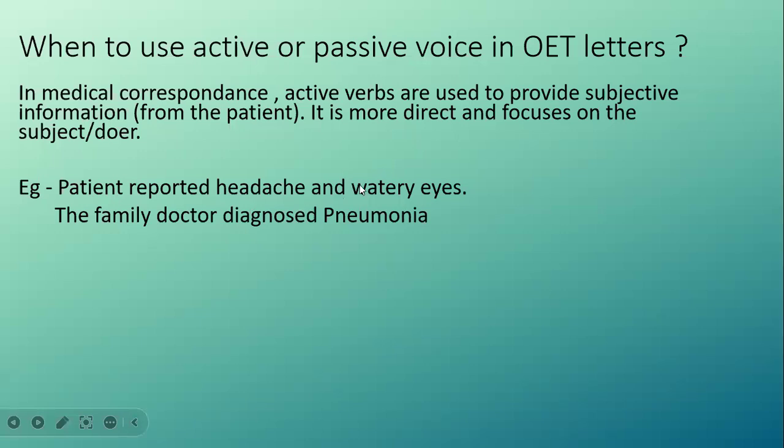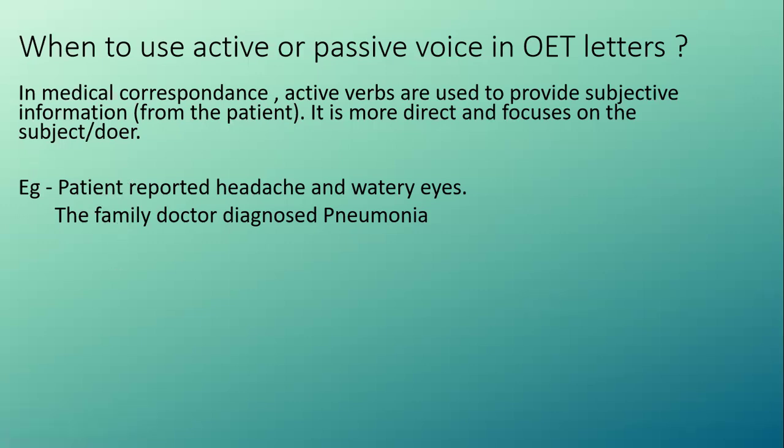That becomes the object. Similarly, here, patient is the subject or the doer of the action. They reported something, so this is an action. And headache and watery eyes, this becomes the object. So these kinds of sentences are called active sentences, where the subject, the doer of the action, is the focus.